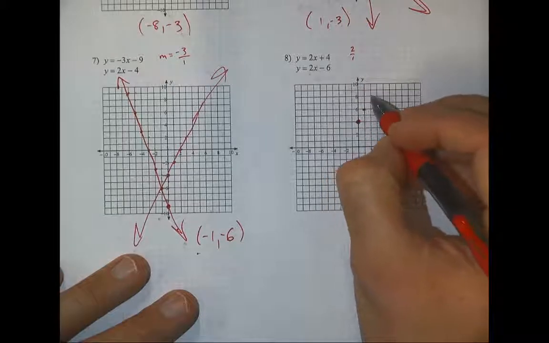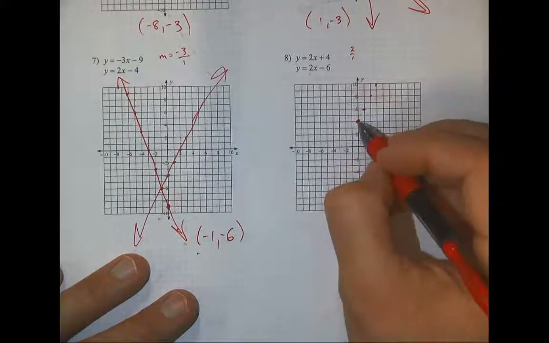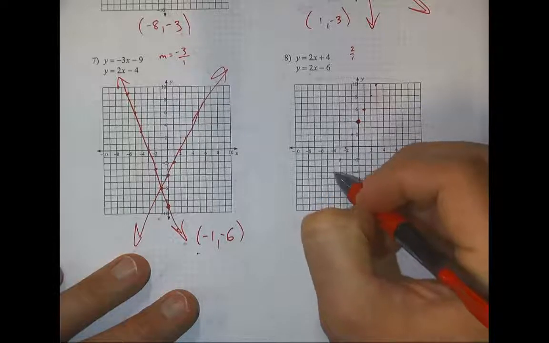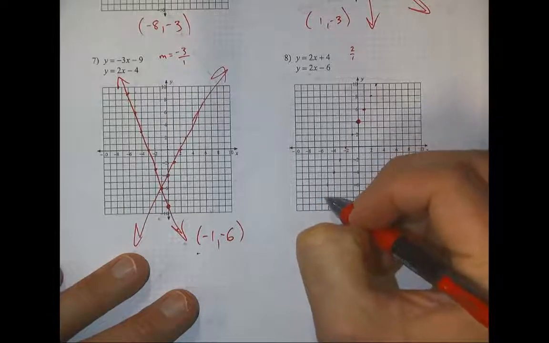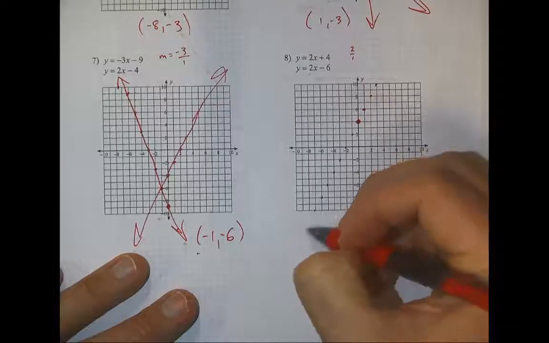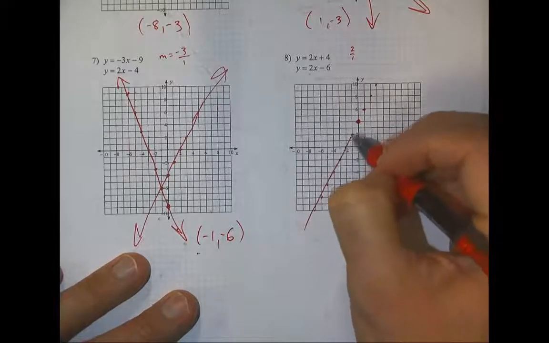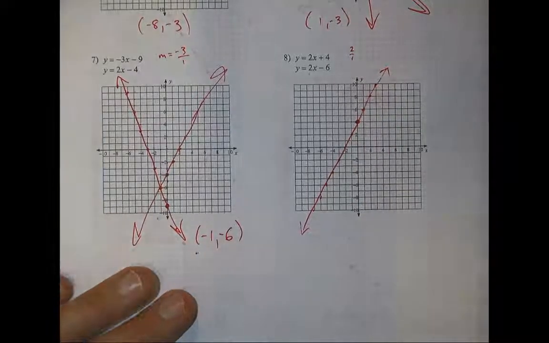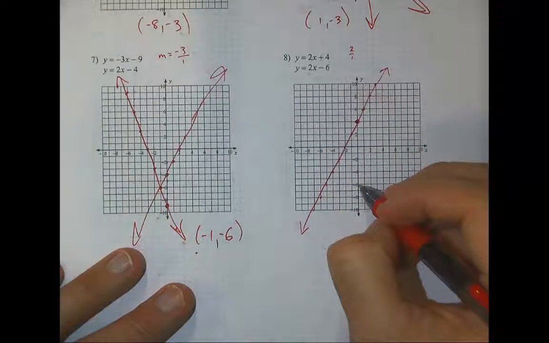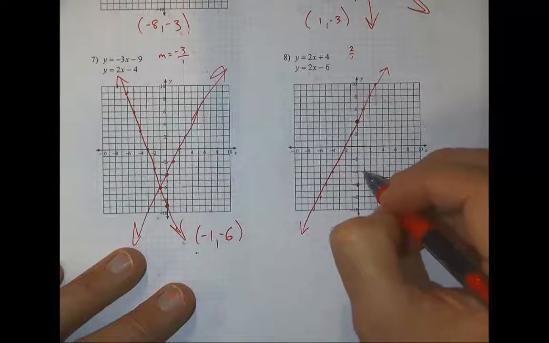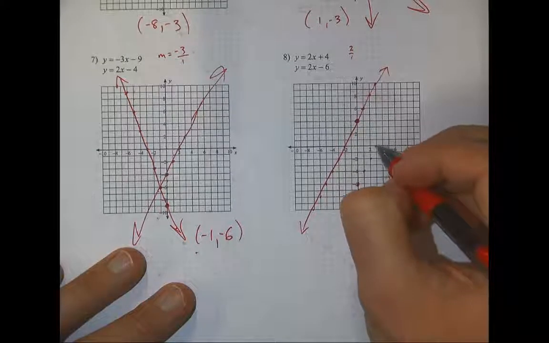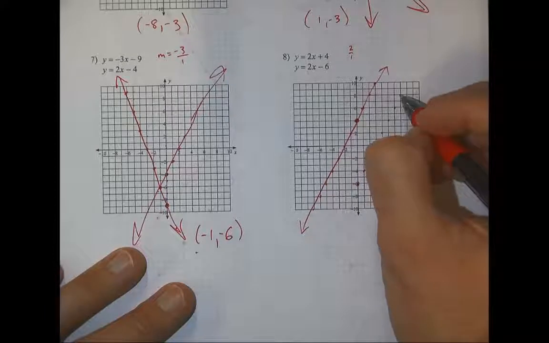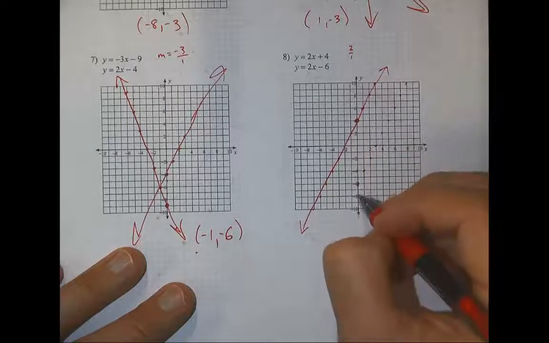So up 2 over 1, down to left 1, and then -6, up 2 over 1, all the way across.